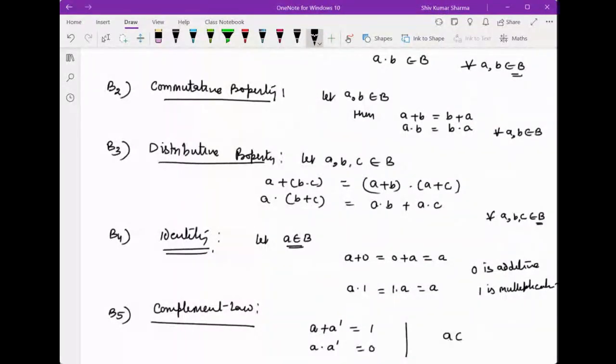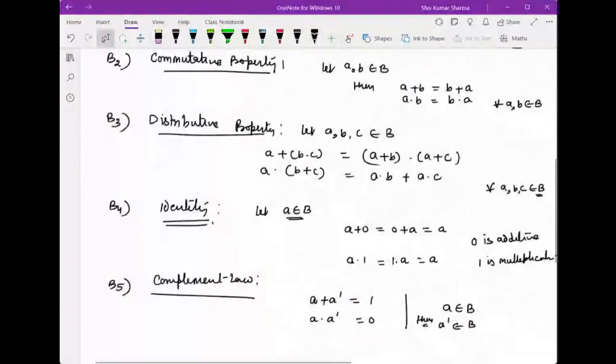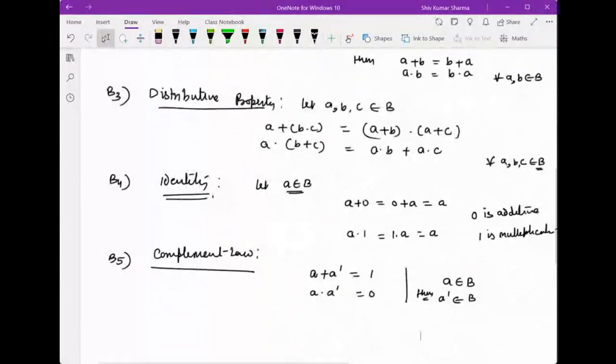These are the two properties. So if A belongs to B, its complement also belongs to B. So A plus A complement equals 1, and A into A complement equals 0. So these are the 5 properties.